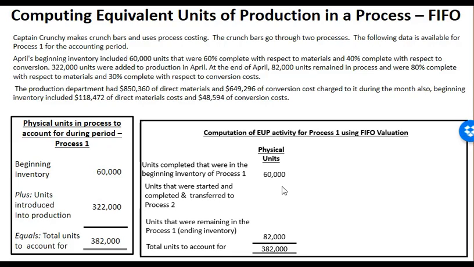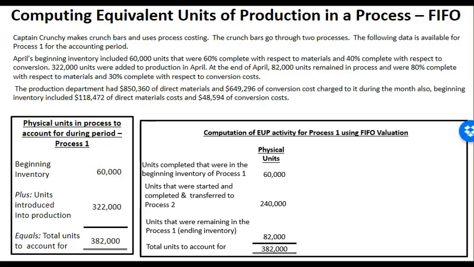I still have to account for the remainder of the units that will equal 382,000, and that comes up to 240,000. So now I know how my physical units have moved throughout process one.